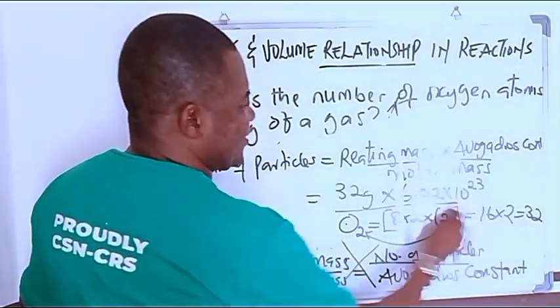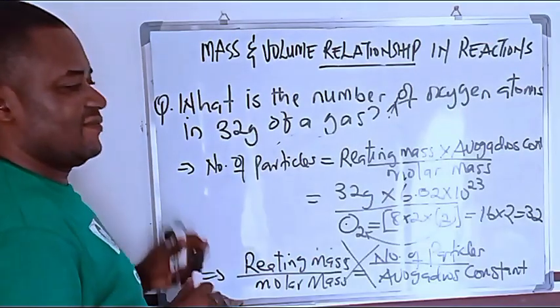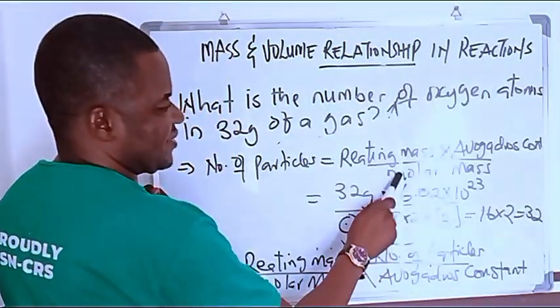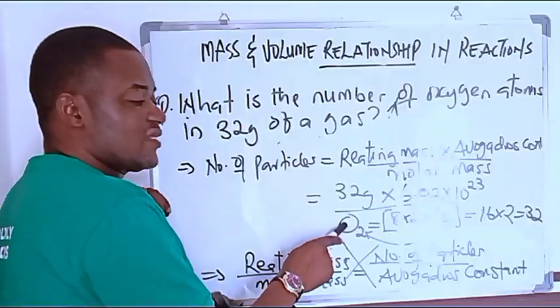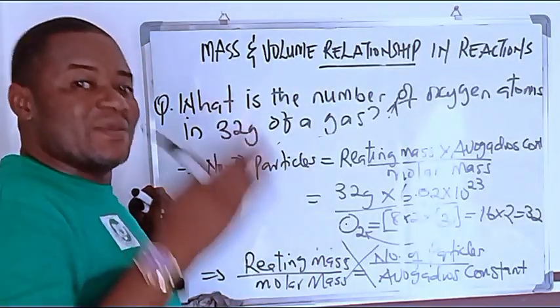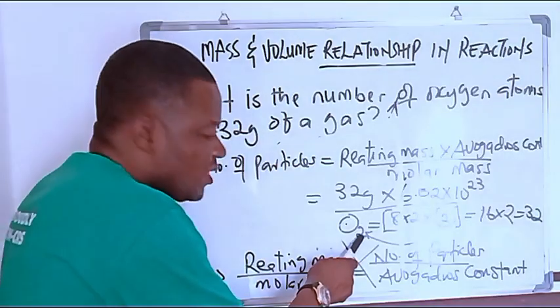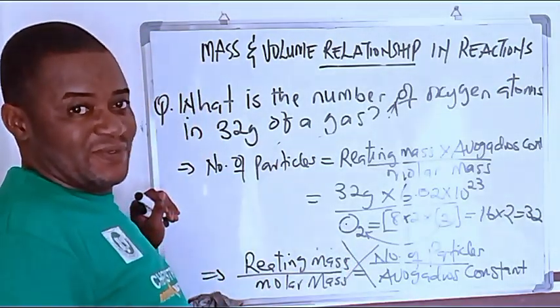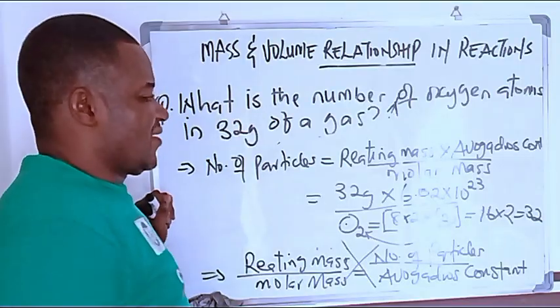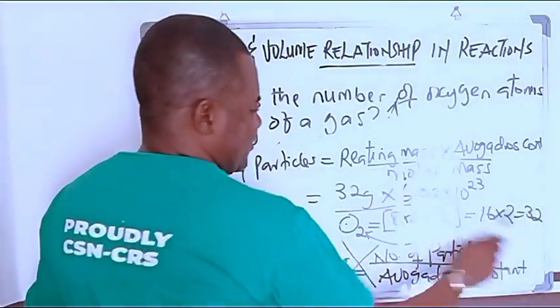So we are substituting 32 for the molar mass. The molar mass of oxygen is atomic number 8 times 2, which gives us 16, the mass number. The mass number 16 times the 2 atoms of oxygen gives you 32. That is the molar mass of oxygen.